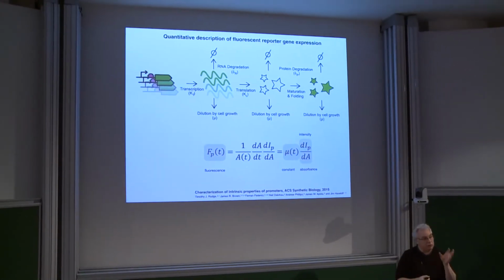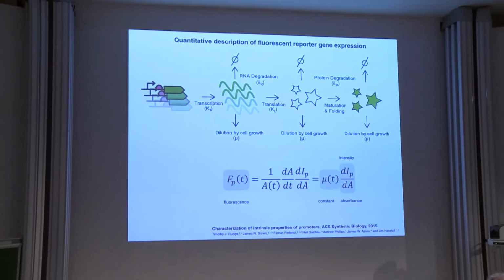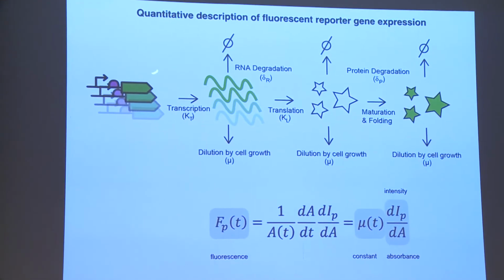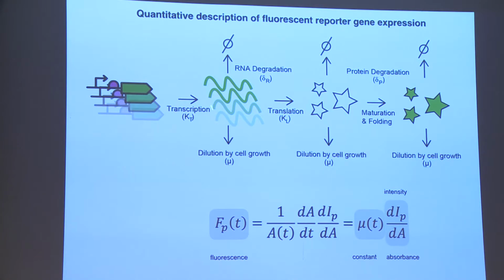But of course, if you're looking at a biological system like this, which is about as simple as you can find, in that cuvette or that well, the process of getting fluorescence involves the transcription rate, which is actually the intrinsic value that we want to get out of this system. It is what these promoters are doing, and what the rate of transcription is creating in terms of the amount of RNA, which is then translated to make a protein precursor, which then needs to be matured and folded to create the fluorescent signal that we can measure in the machine.